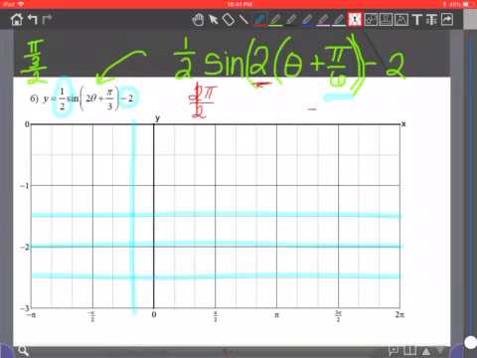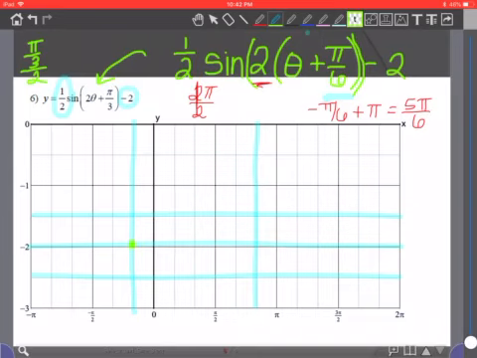So if I'm starting at negative pi over 6, and I know it's going to take pi to make 1 full cycle, that means that 5 pi over 6 should be the end point of the first cycle. So I'm going to go to 5 pi over 6. And draw another line. So the window in the middle is where I need to draw 1 full cycle.